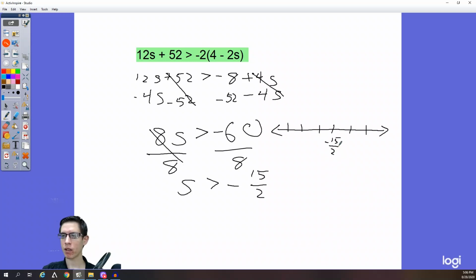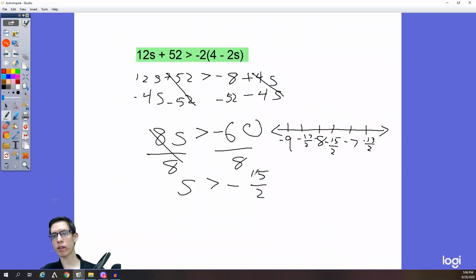Okay. And in this direction, we're going to have negative 14 halves, or negative 7, and then negative 13 halves. And then in this direction, we're going to have negative 16 halves, or negative 8, negative 17 halves, and negative 9.